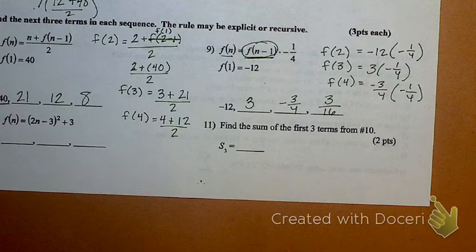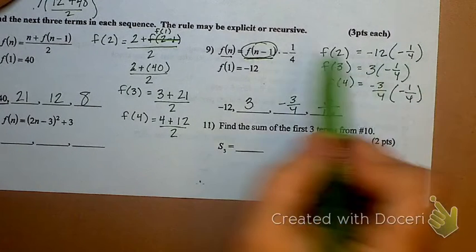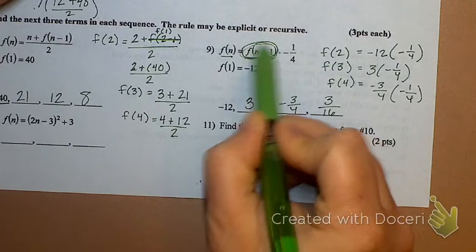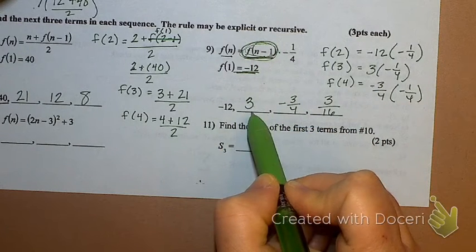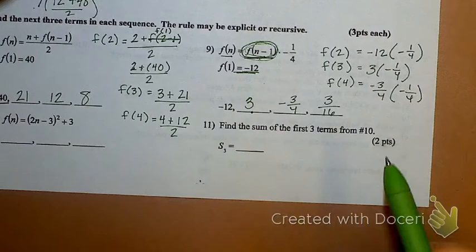So if you're trying to find f of 3, how come you're not just plugging in 3 for n? I don't know that I understand your question. This says take the term before it. They give me the first term. So I can start at the second term, and I take the term before it and multiply it by negative 1/4.